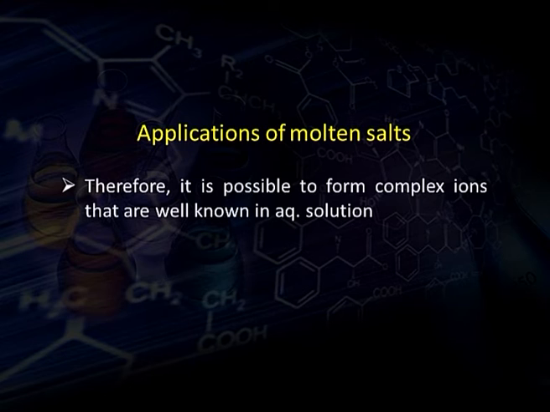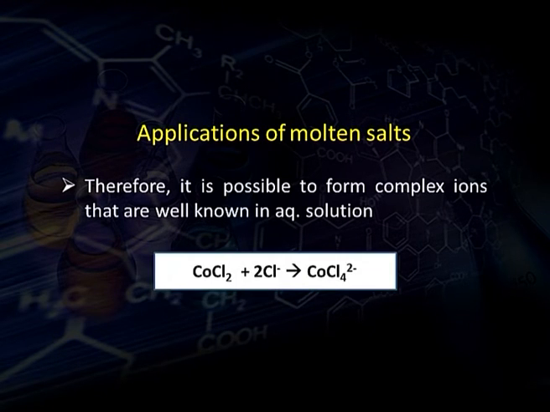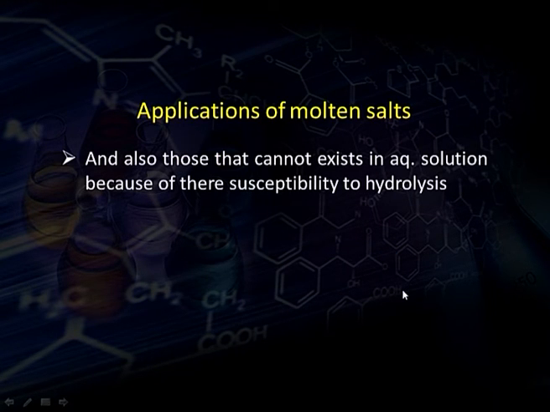Therefore, it is possible to form complex ions that are well known in aqueous solution. We have cobalt chloride plus chloride ion, which reacts with chloride ion to form the CoCl4 2- ion. And also those that cannot exist in aqueous solution because of their susceptibility to hydrolysis.